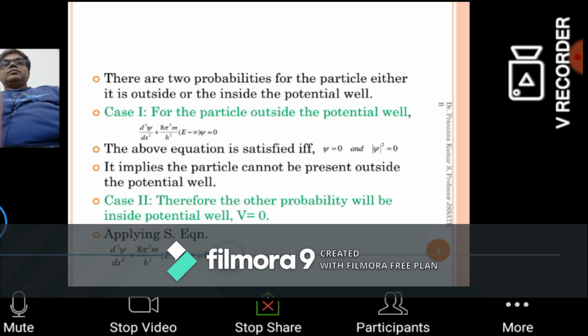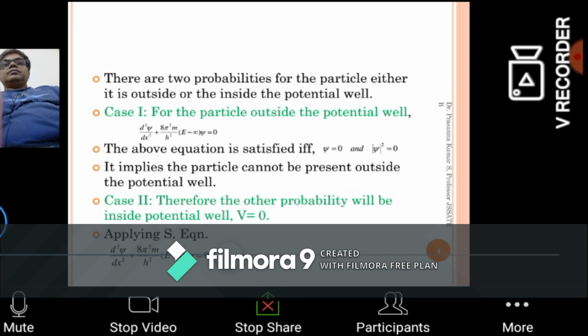This is the Schrodinger's time independent wave equation for a particle outside the potential well. Mathematically, this equation will be satisfied if and only if the wave function outside the potential well is 0, that is psi is 0, and the probability of finding the particle is 0. Then only we say that the particle won't exist outside; it is stuck onto the atom.